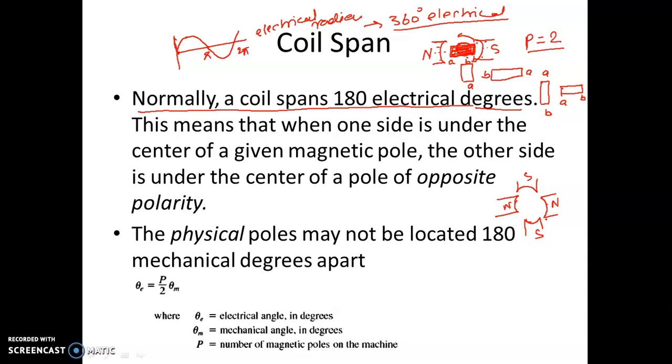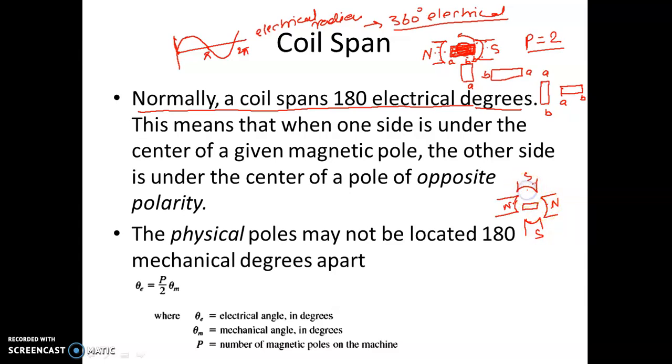In this case, if a conductor is there and you rotate it mechanically 360 degrees, the electrical rotation will not be 360 degrees, because one north and one south pole constitute 180 electrical degrees.